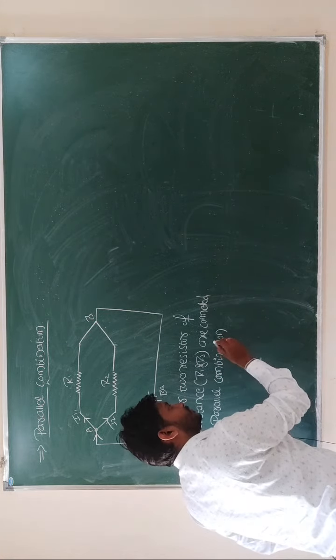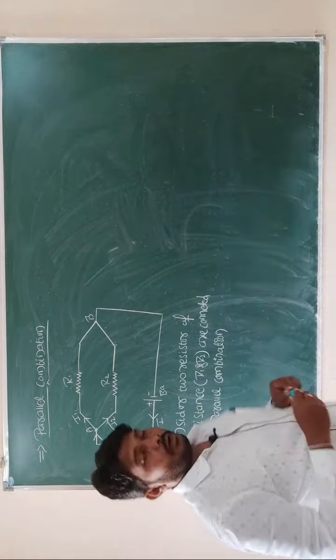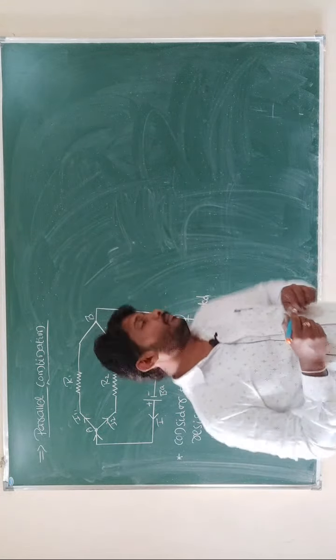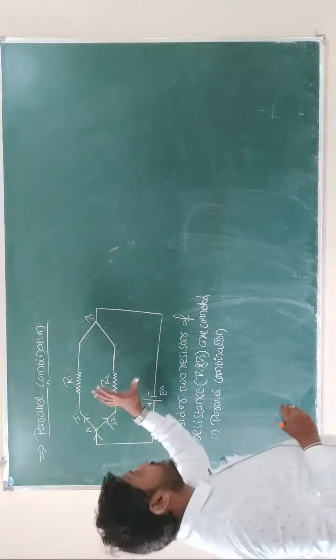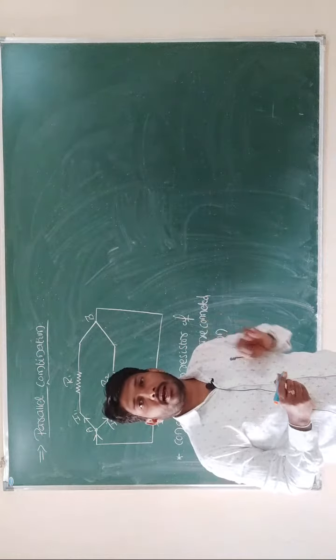These two resistors are connected in parallel combination. So what is a parallel connection here? All the resistors are connected within two common points. This kind of combination I will take as parallel connection.